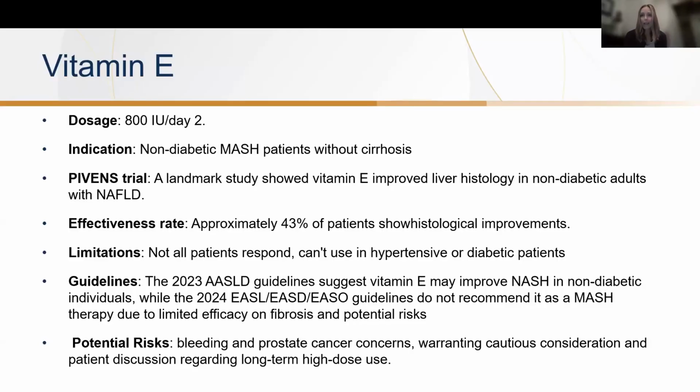Vitamin E is an antioxidant, and it decreases production of pro-inflammatory cytokines, inhibits oxidation of lipids in the cell membranes. It's a lot of different things. It can enhance insulin signaling, which reduces fat accumulation, and it can suppress the activation of stellate cells, perhaps reducing fibrosis.